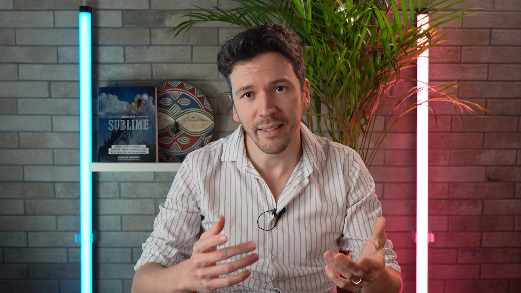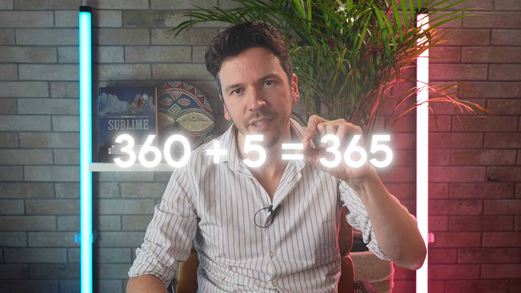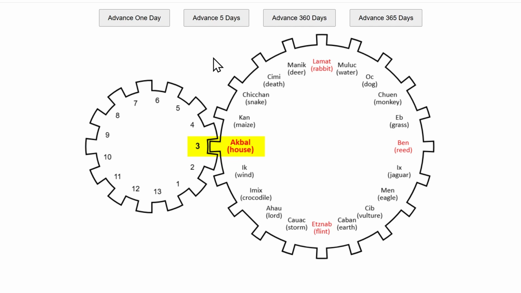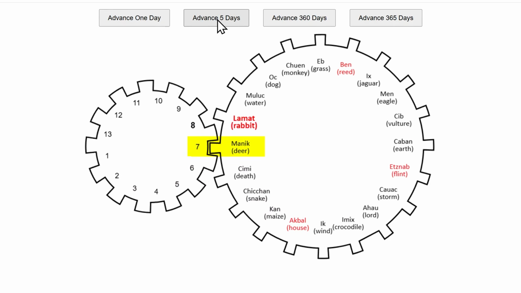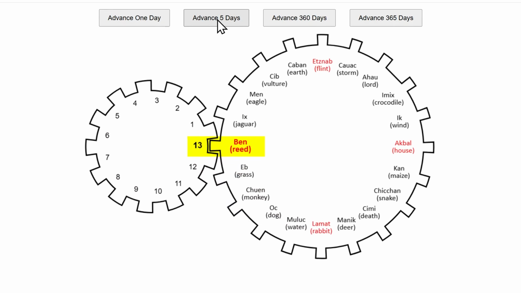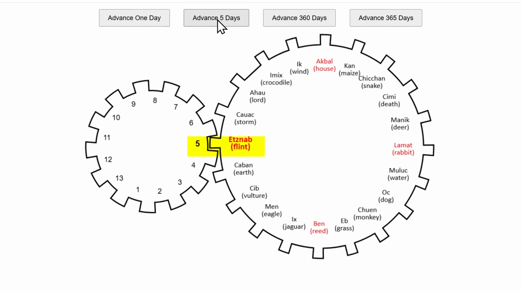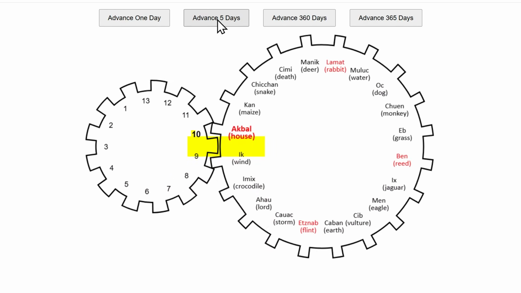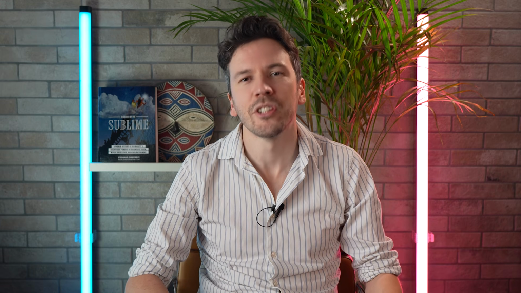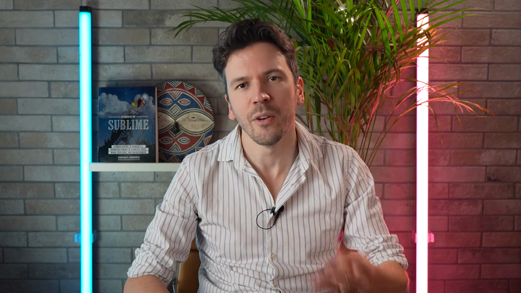But to complete the year, the calendar has to advance by 5 extra day glyphs to get to 365. So at the start of the next year, the day glyph system has advanced by 5. Now this can be done a total of 4 years, since 4 times 5 is 20. And then we're back to the same first glyph, namely house. And this is why the solar year always starts on one of those 4 glyphs only.